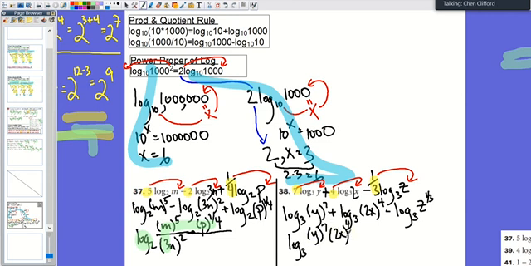And anywhere you see minus, you think division. And that's it. I forgot to put a parentheses here. And so that's your answer right here in green.